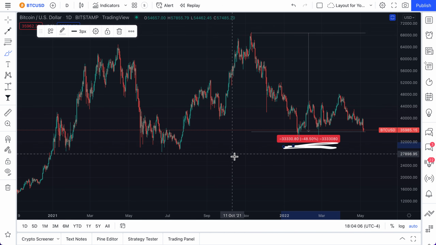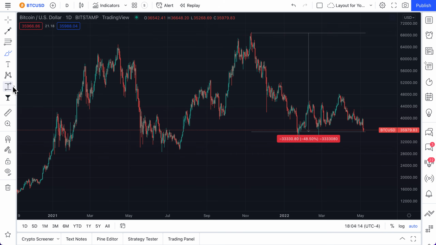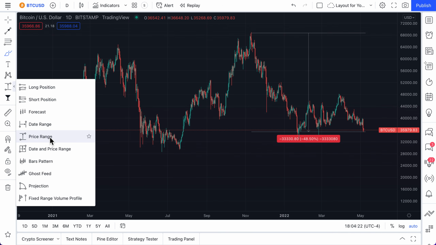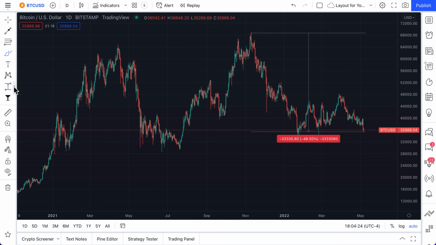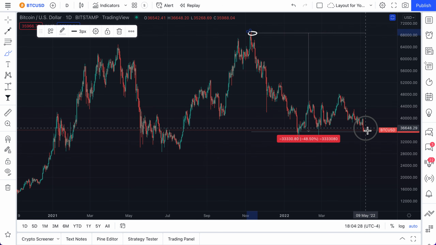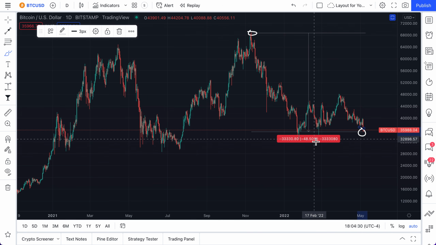Now, for crypto, as we're going to show you, that actually might be normal over the course of its history. But the point is, we're doing some research to understand what kind of market we're in. Now, everyone is going to analyze and chart markets differently, but with this simple price range tool, you can click the peak, go down to the current price, and get a feel for what type of market environment you're in.